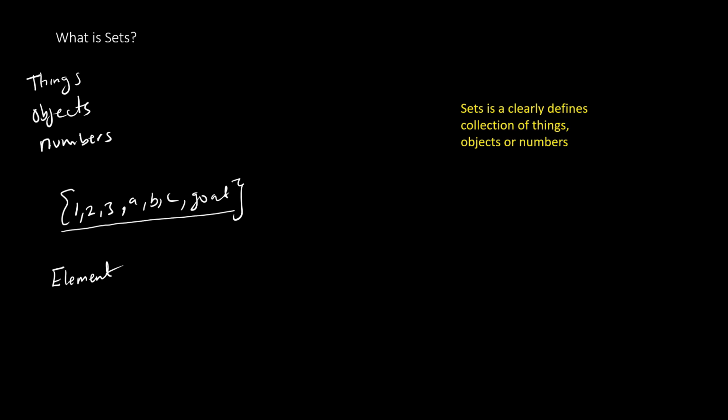And also, we use capital letters in representing sets. For example, you can say this is set A in capital letter equals 1, 2, 3, and so on. And we use small letters in denoting the elements of the set. Also, note that the order in which a set is written does not matter.